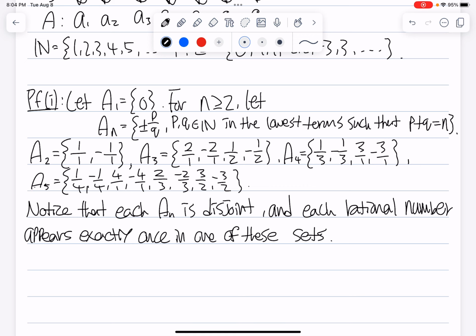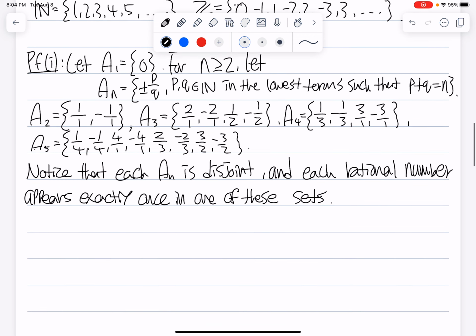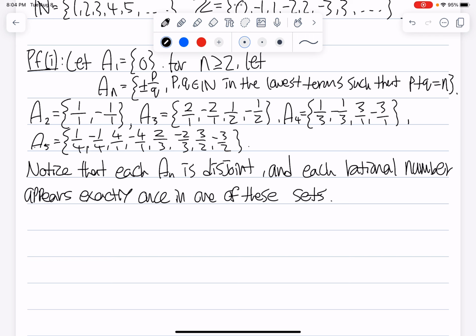So that's it. If we just consecutively line the elements of A1, A2, A3, and so on in a line, then we just found a one-to-one correspondence from the natural numbers to the rational numbers.